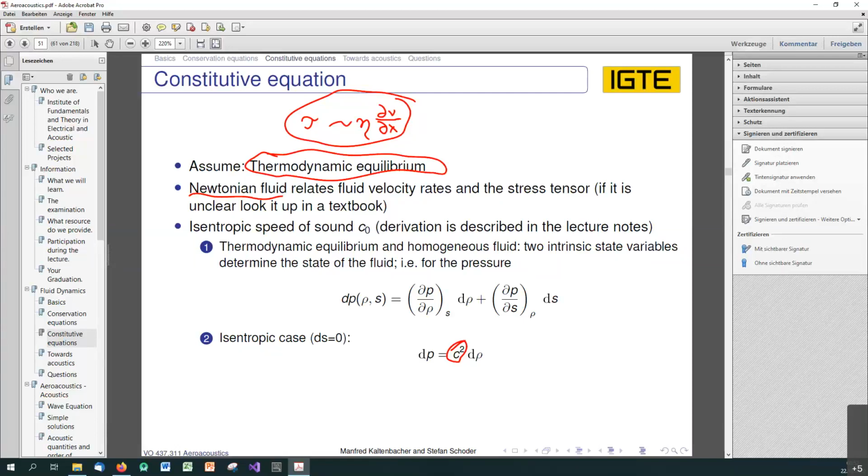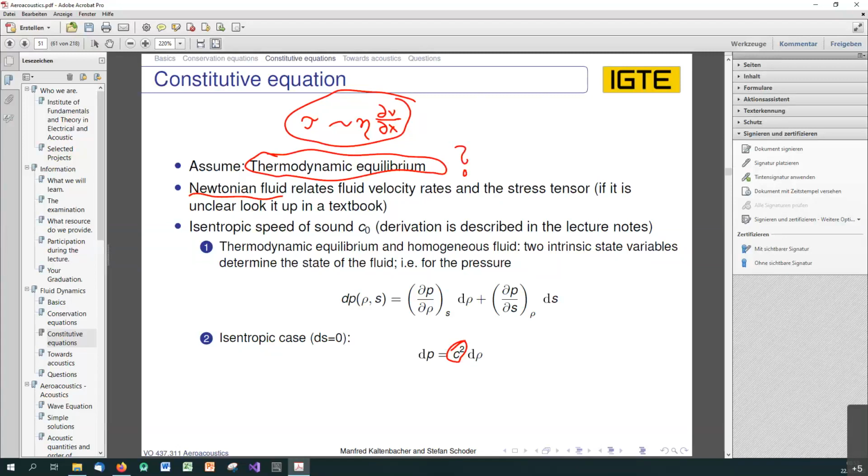That's basically a pragmatic description of thermodynamic equilibrium. For any details, you must look it up in a thermodynamics book. Okay, thank you.